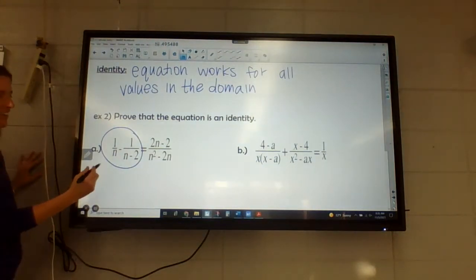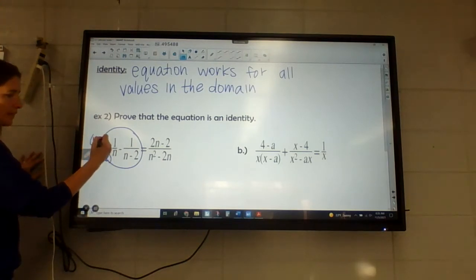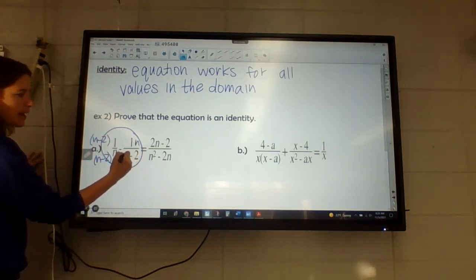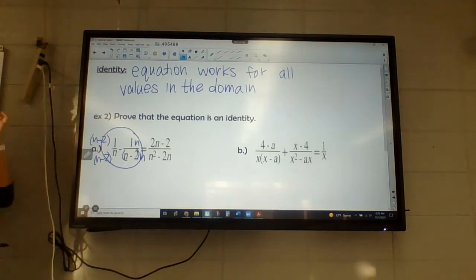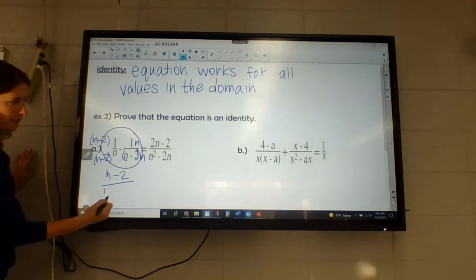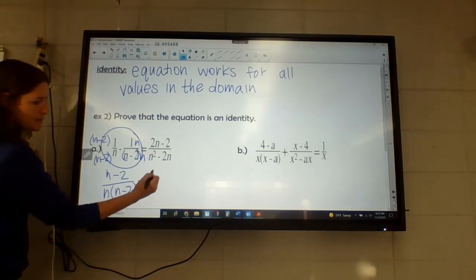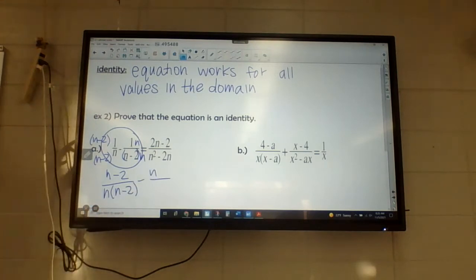All right, so I'm multiplying this one by n minus 2, and multiplying this one by n. Now when I'm doing this, I'm a little worried that doesn't make sense.